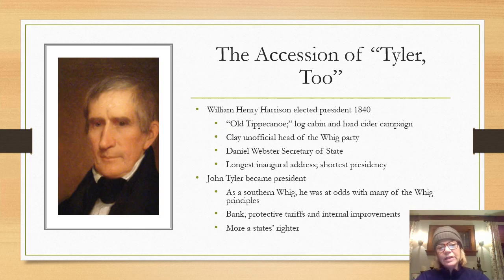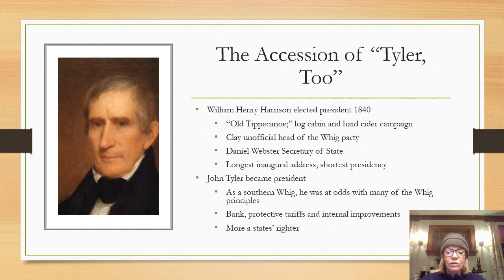All right, so let's get to Tyler, the way Tyler becomes president. If you recall, William Henry Harrison was running for president in 1840 against Martin Van Buren, and that was the log cabin and hard cider campaign, Tippecanoe and Tyler too. So he's elected. When he's elected, Henry Clay is kind of like the leader of the new Whig Party.